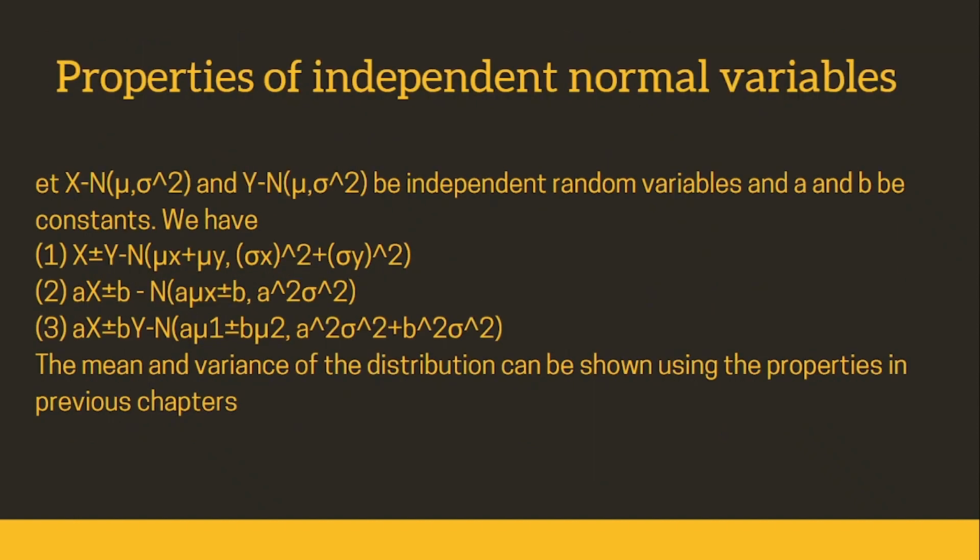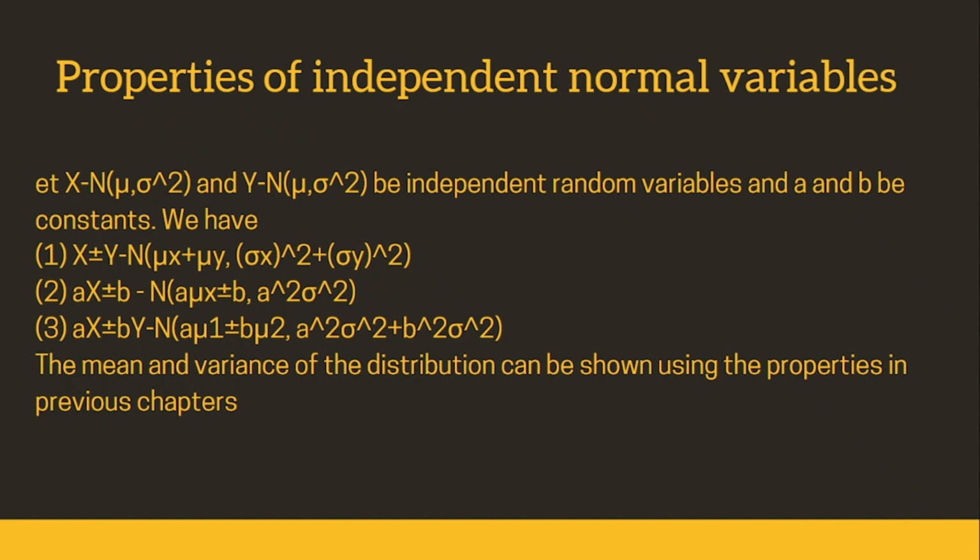Then we go on to properties of independent normal variables. Let's say we have two independent normal variables, X and Y, and constants a and b. If we have X plus or minus Y, it's still a normal distribution, where the mean is mu of X plus or minus mu of Y, and the variance is sigma of X squared plus sigma of Y squared.